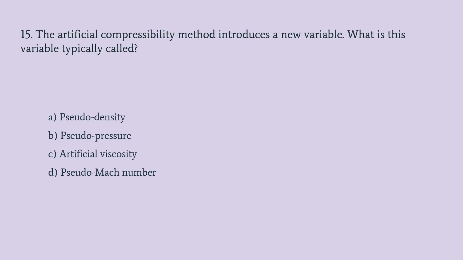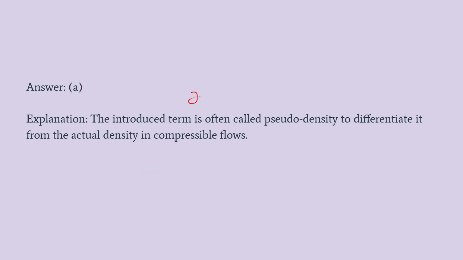No, it's not artificial viscosity that we are using. We will be adding a density term, a pseudo density term. The equation becomes dou by dou t of rho star plus del dot u is equal to 0.